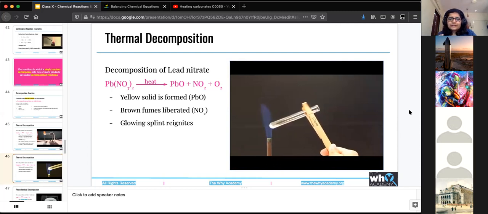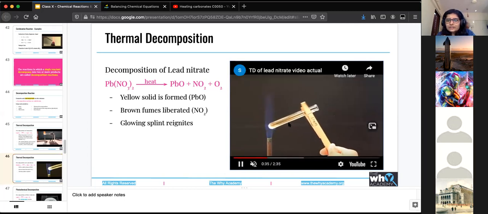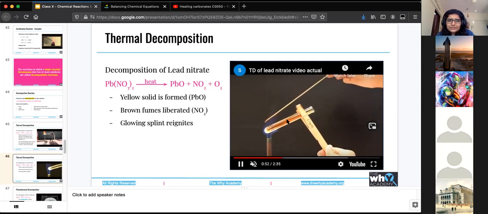So you take a clean dry test tube and heat lead nitrate. Slowly, as the reaction takes place, the decomposition happens. Can you see what's happening inside the test tube? The color is changing. It turns into yellow. These are all brown fumes. The yellow is not very visible because it's really bright and really far away, but you can see the brown fumes here.